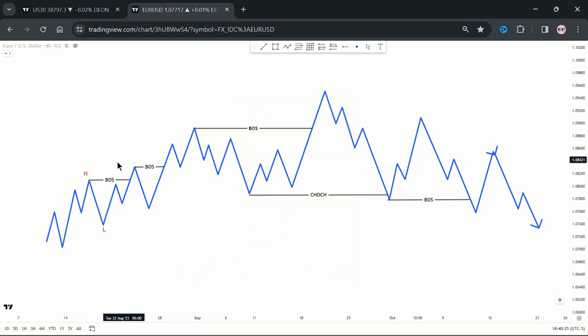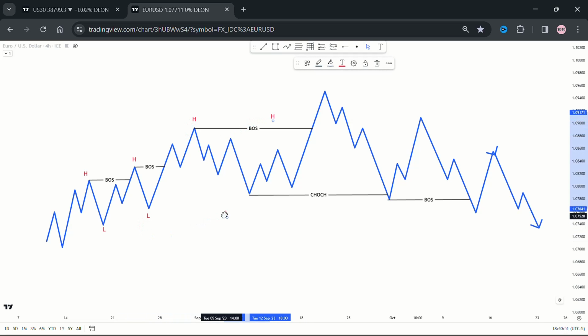The market takes out this inducement, you mark your high. Then the market breaks structure, and you have a low right there. You continuously do that until it changes character somewhere down there. I hope most of us know by now how to mark our highs and our lows.